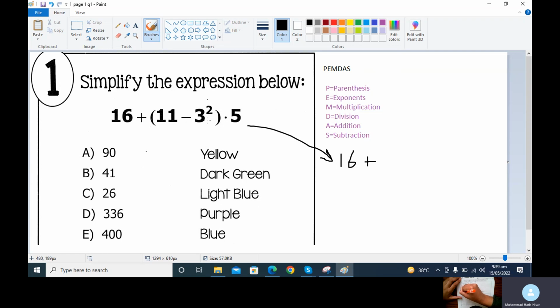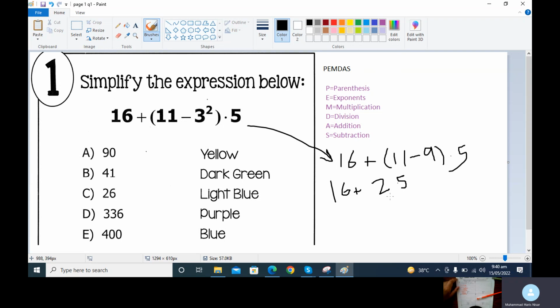There is an exponent, so we will solve it. 3 squared equals 9. So 11 minus 9 multiplied by 5. We solve the parentheses first: 11 minus 9 equals 2, and that is multiplied by 5.